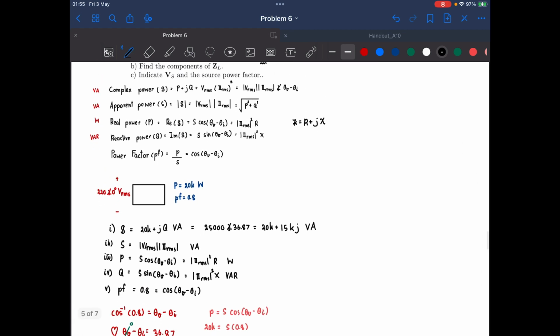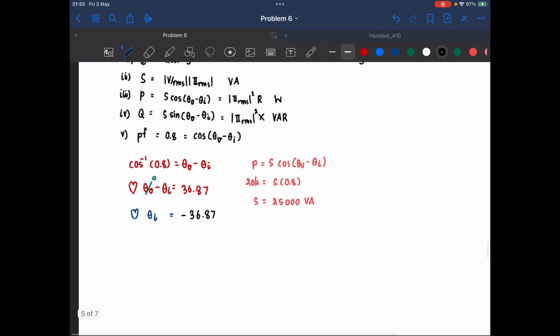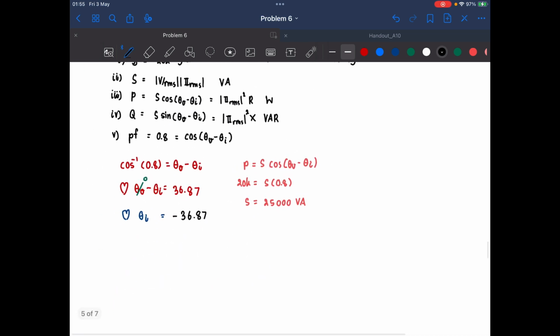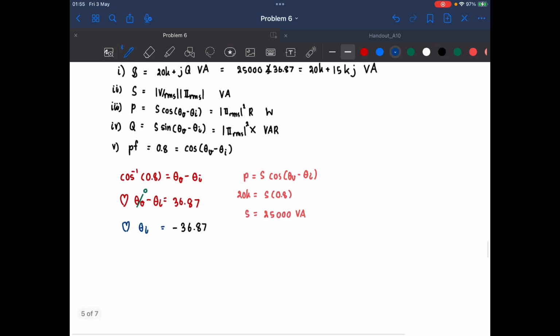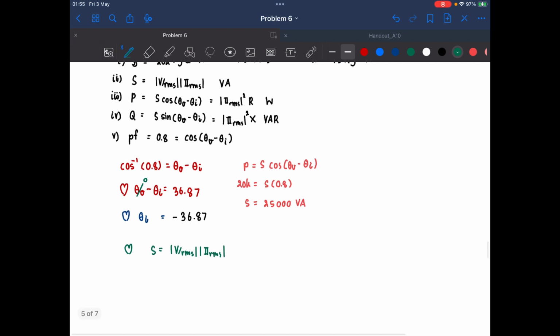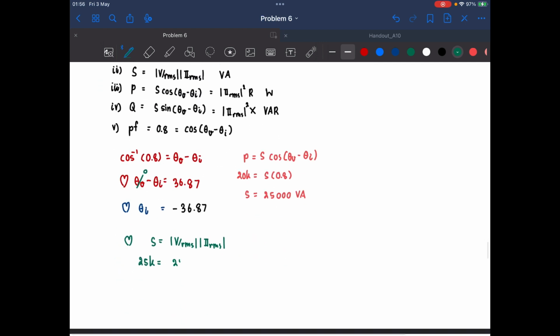Now we want to know the IL here. So we can calculate the IL from the IRMS from this formula. Let's go to this one.